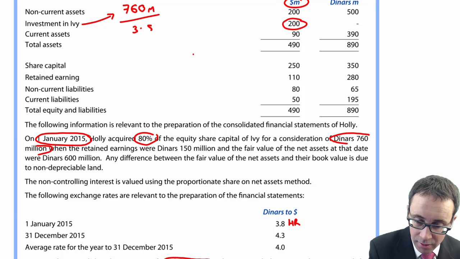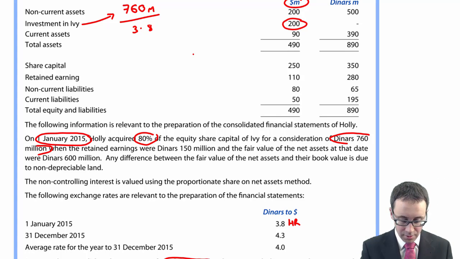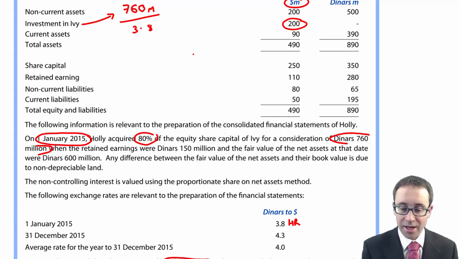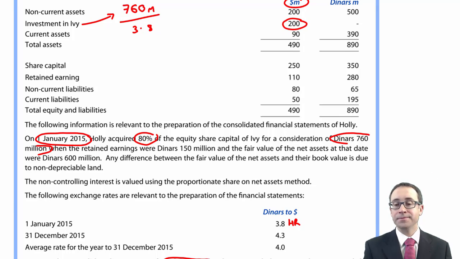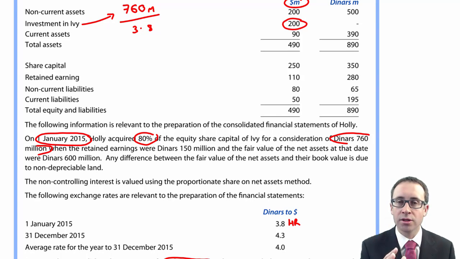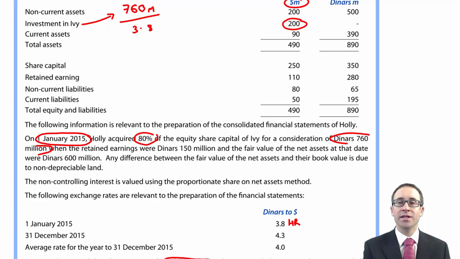So if you divide the 760 by the 3.8, that gives you the $200 million. Holly has correctly recorded that investment within its financial statements, and it has not retranslated it, because remember, an overseas investment is a non-monetary item, so you translate it and leave it.